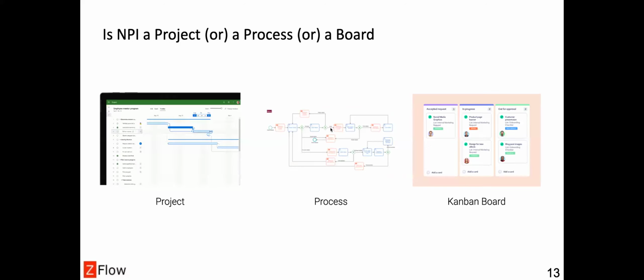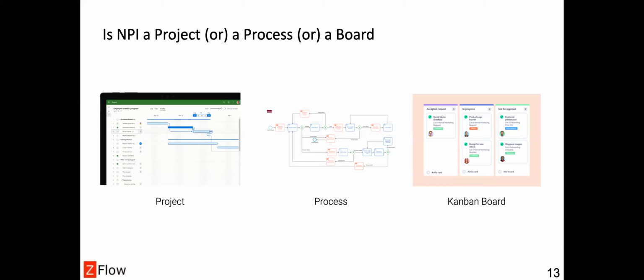What we have seen is that a lot of organizations use different tactics to handle NPI programs. Now, some organizations just use projects, right? Microsoft Project. Some organizations have somewhat of an intricate process. And whether it is practiced manually or using a digital process or any other method, they do tend to follow a process.